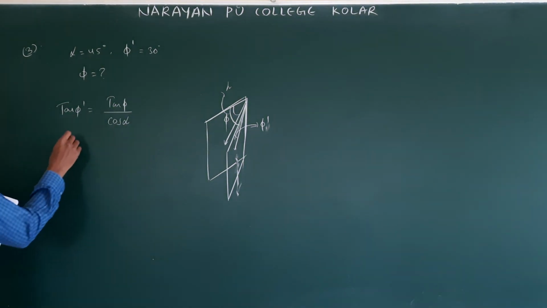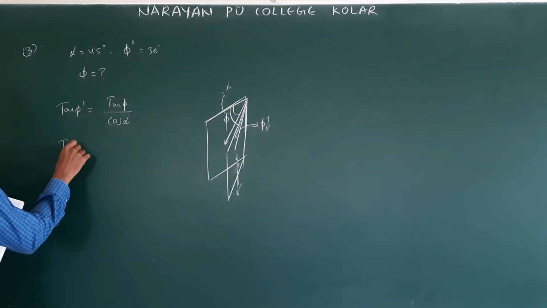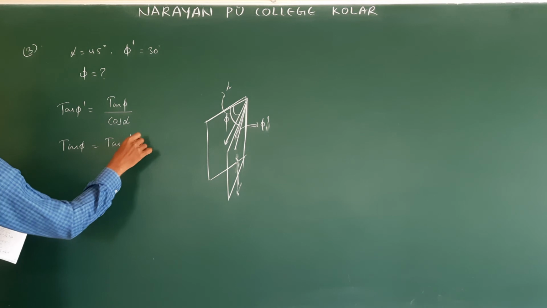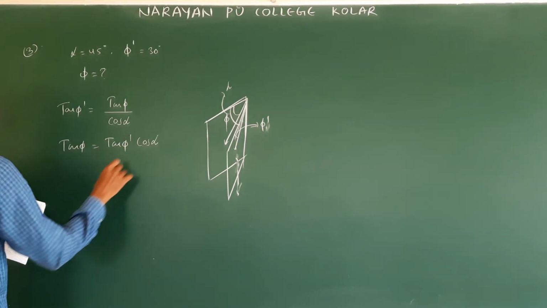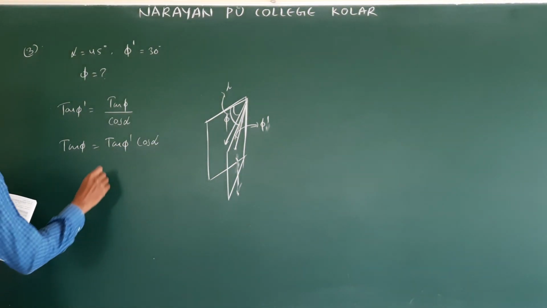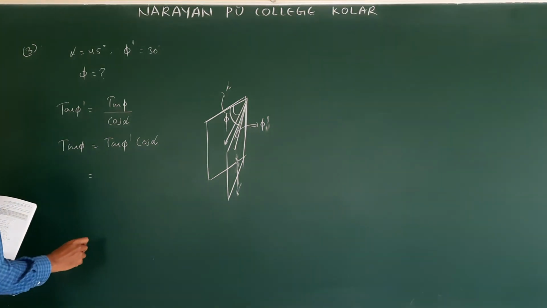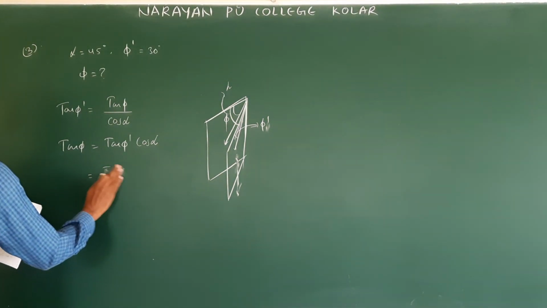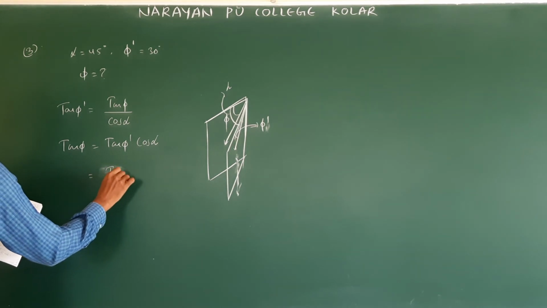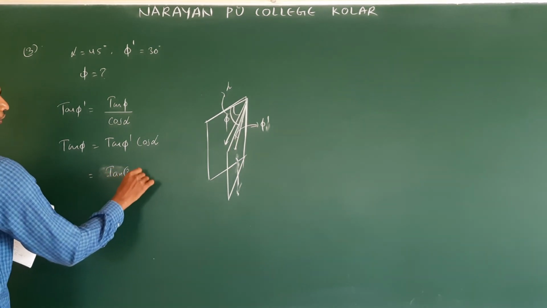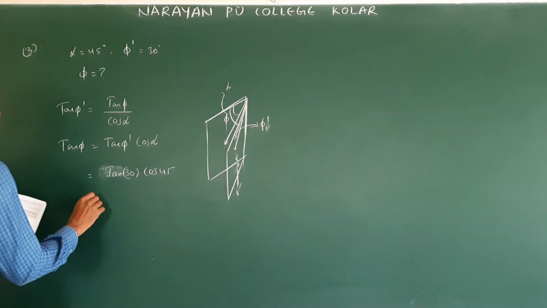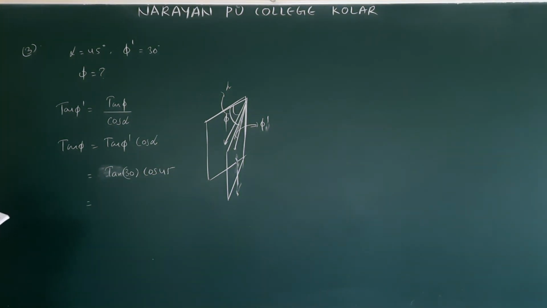So they are asking phi. Tan phi is equal to tan phi dash cos alpha. Phi dash is 30 degree. So tan 30 cos 45. Tan 30 is what?